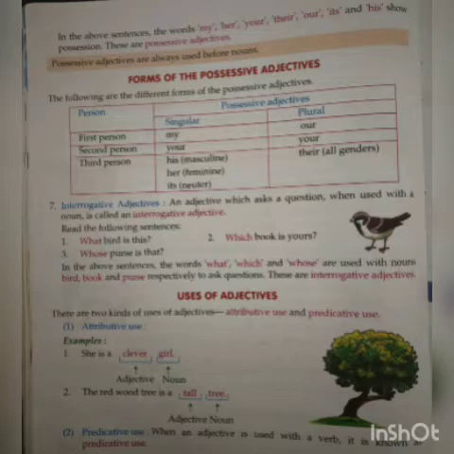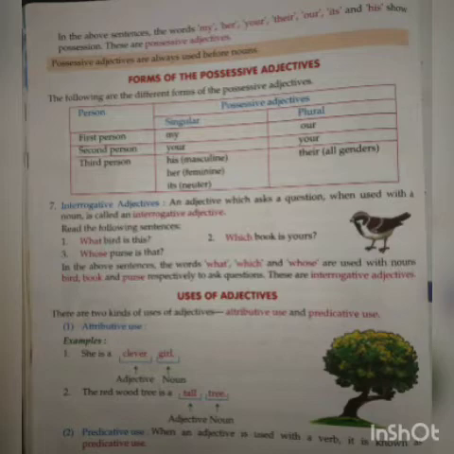Now next comes the possessive adjective. It is used to indicate belonging, possession or ownership of a noun or pronoun in a sentence. It answers the question whose. So if you make a question with whose and you get the answer, that must be a possessive adjective.